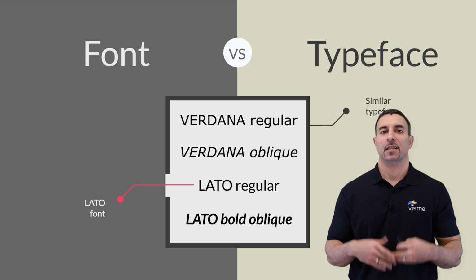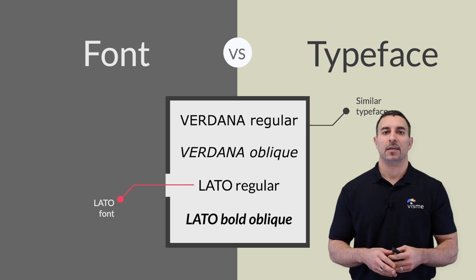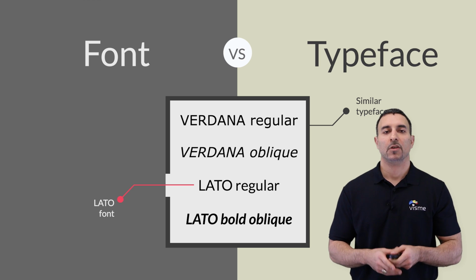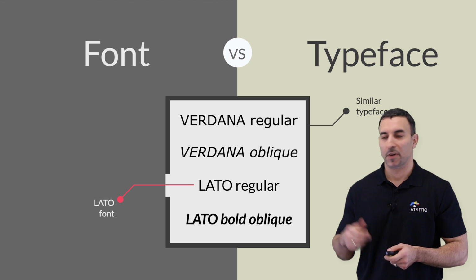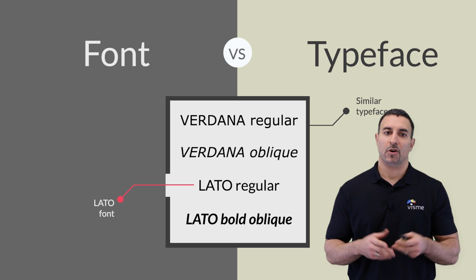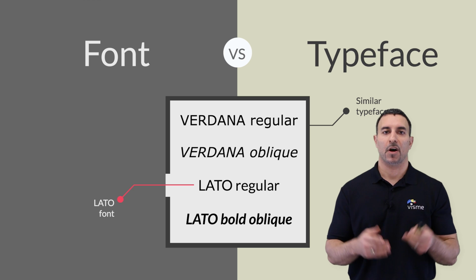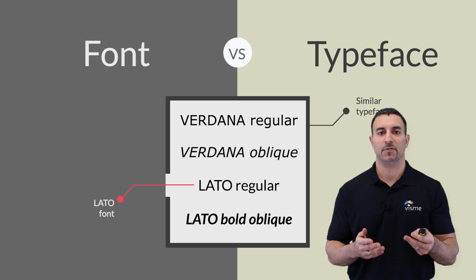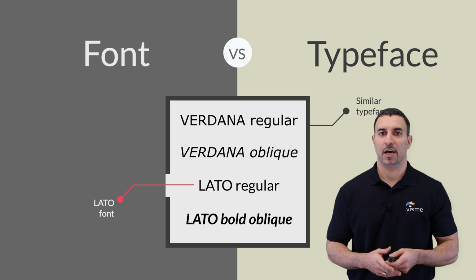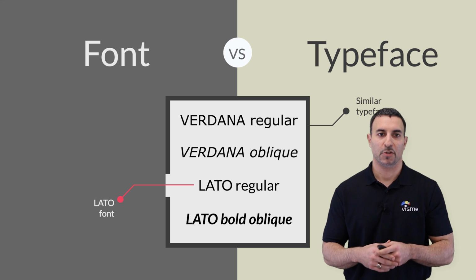Think of it as a collection of the design, basically a series of fonts that have a similar look and feel. In the example here, there's Verdana and there's also Lato. Lato is a font, Verdana is a font. They're two different fonts. However, Verdana and Lato are very similar typefaces. They emulate a similar feel to each other.